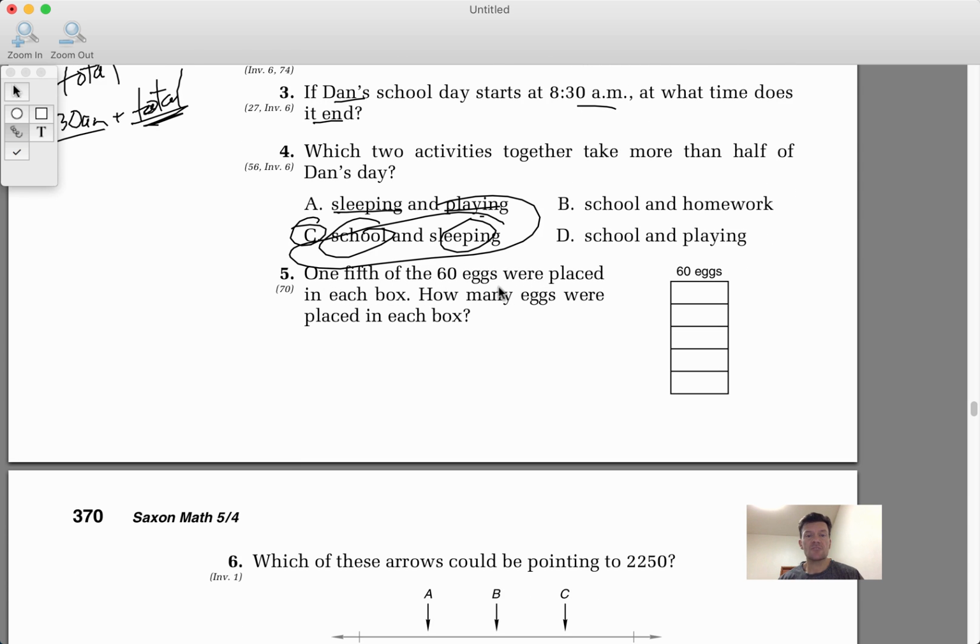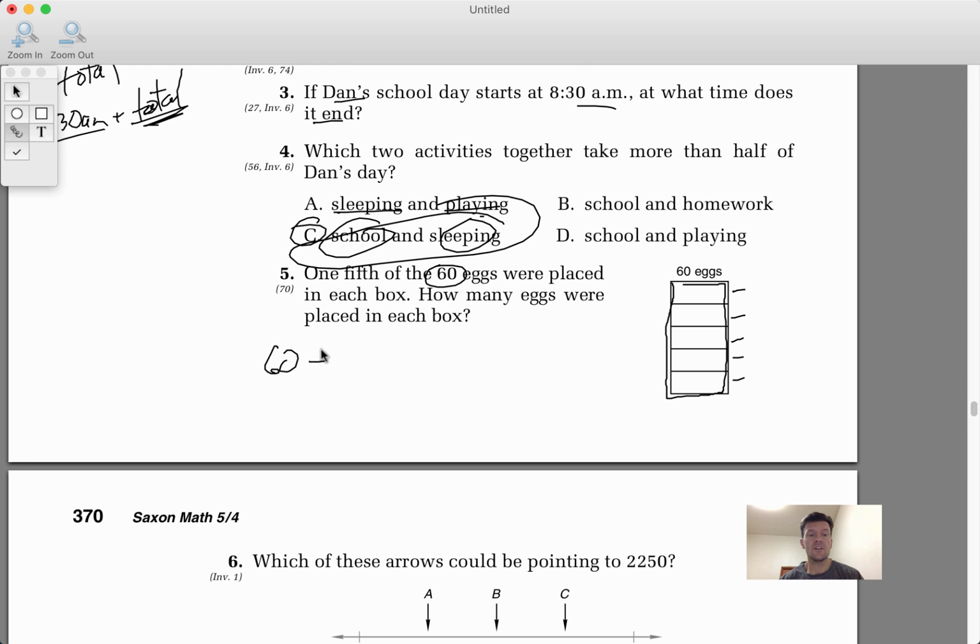1/5 of the 60 eggs were placed in each box. How many eggs were placed in each box? So you'll notice that they took the entire big container and they divided it into 5 smaller ones. If you understand that concept and are able to even draw that, you're going to have 60 eggs and you're dividing it into 5.